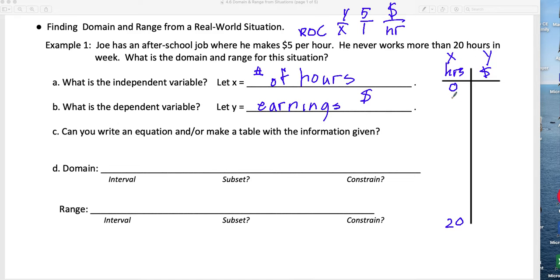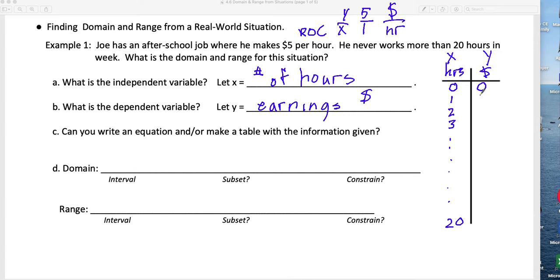So let's say that he works 1, 2, 3, and we're going to go all the way down here. We're not even going to fill in the whole table. But we know he's never going to work more than 20 hours. He makes $5 an hour, so the first value for my domain is 0. And if he works 0 hours, he's going to make 0 money.